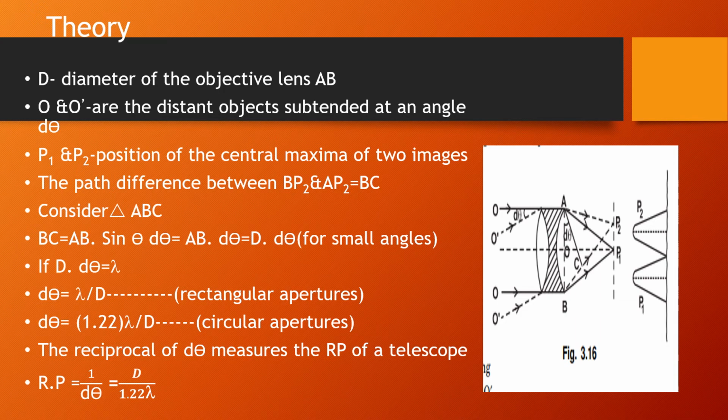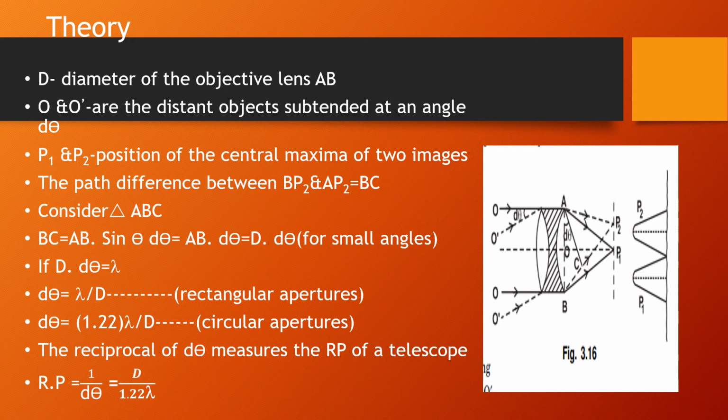Consider triangle ABC. From triangle ABC, what is BC? BC is equal to AB sine d theta. AB sine d theta can be written as AB d theta, since sine d theta becomes d theta for small angles. AB can be replaced by D, so BC is D d theta.